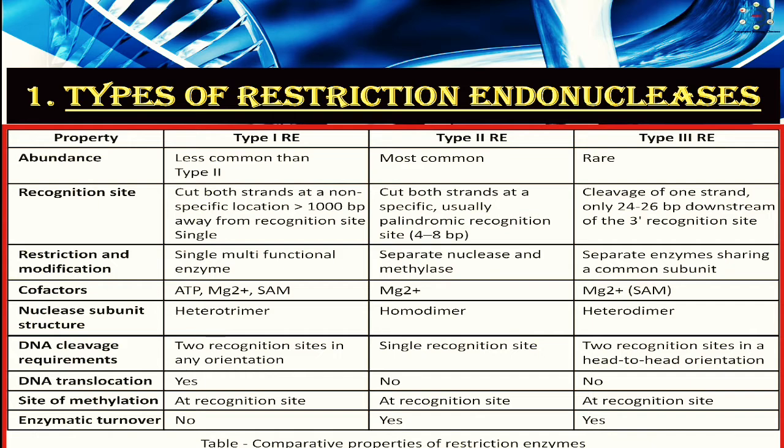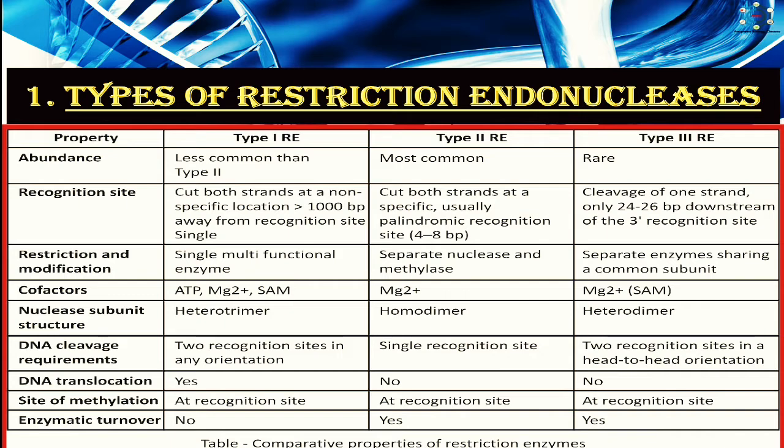According to recognition site, type 1 cuts both strands at a non-specific location, more than 1000 base pairs away from the recognition site. Type 2 cuts both strands at a specific, usually palindromic, recognition site. Type 3 cleaves one strand only, 24 to 26 base pairs downstream of the recognition site. According to restriction and modification, type 1 is a single multifunctional enzyme, type 2 has separate nuclease and methylase, and type 3 has separate enzymes sharing a common subunit.